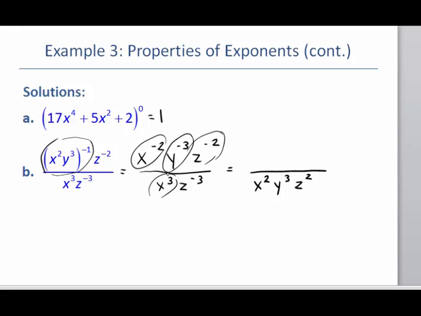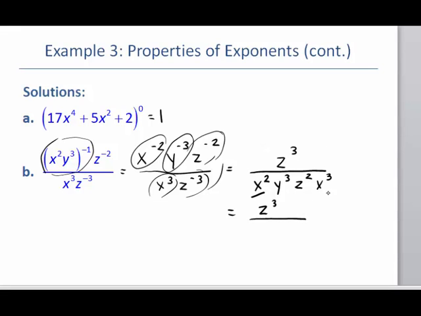Okay, this one, x to the 3rd, is positive, so we're going to leave it in the denominator right now. The z to the -3 needs to come up so that it has a positive exponent. Okay, so now let's see if we can combine anything. In the denominator, look at your x's.